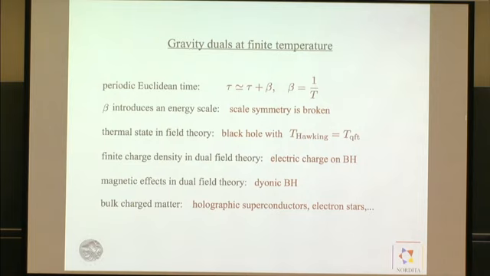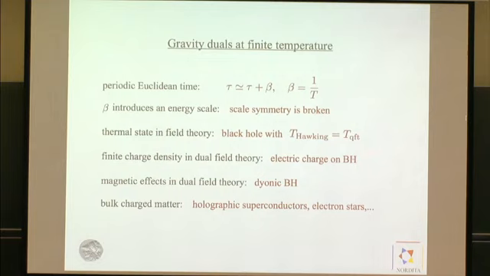Under the ADS-CFT dictionary, if you want to study a system that is at finite charge density or finite chemical potential, you basically add a charge to your black hole.